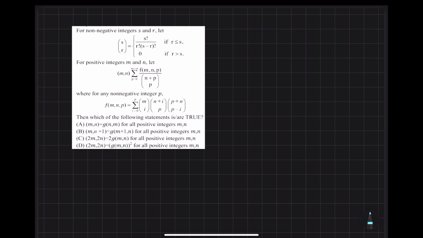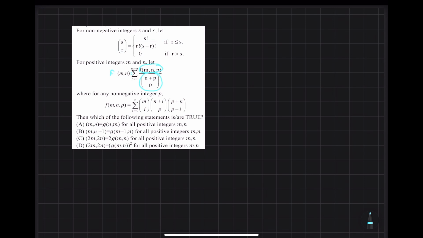Now for positive integers m and n, this is this, and I think here we should have an equality sign, and f of m, n, p is equal to this. So f of m, n, p divided by (n plus p) C p.